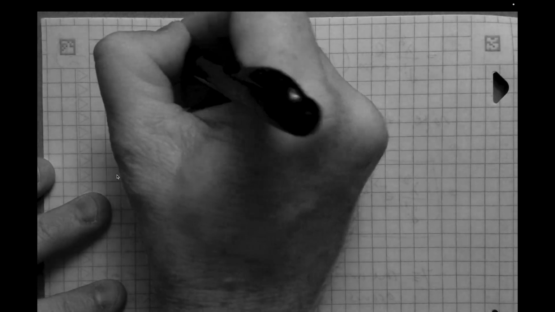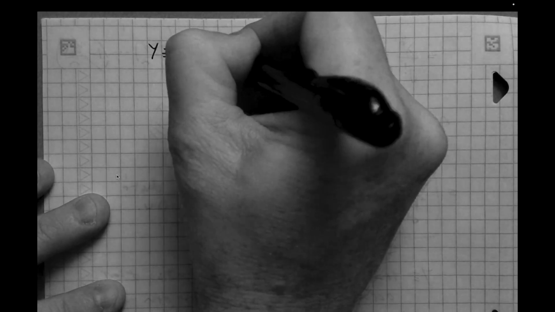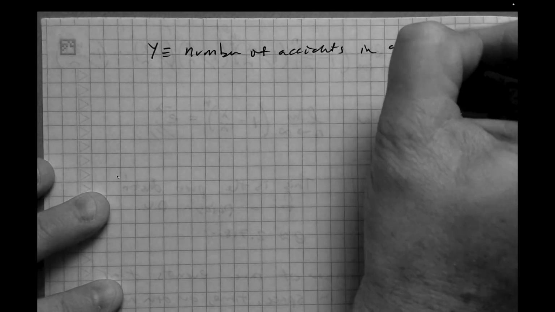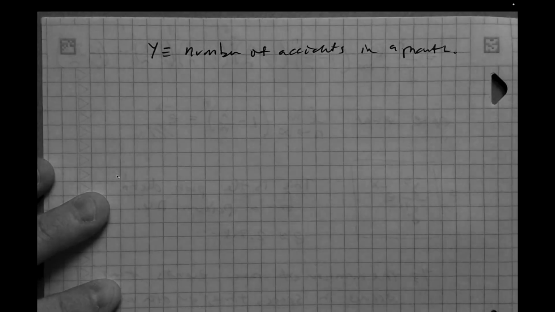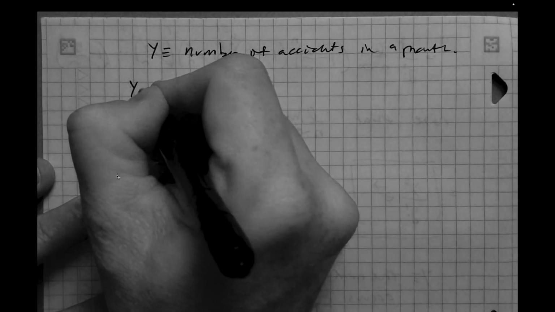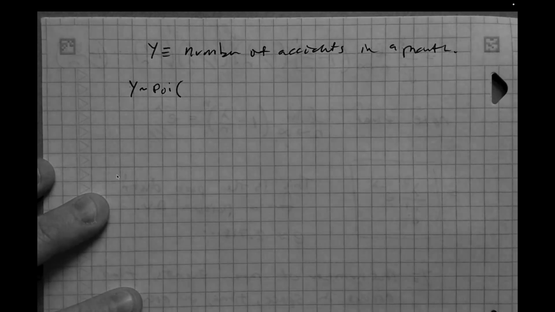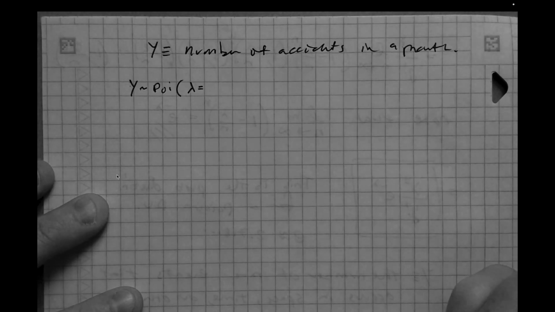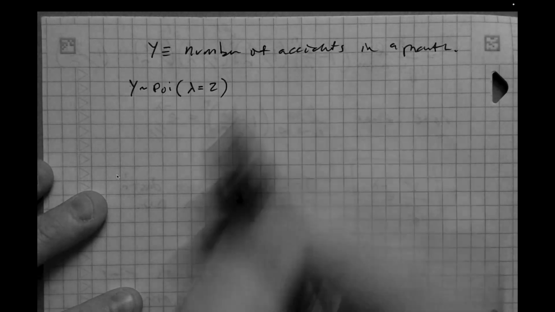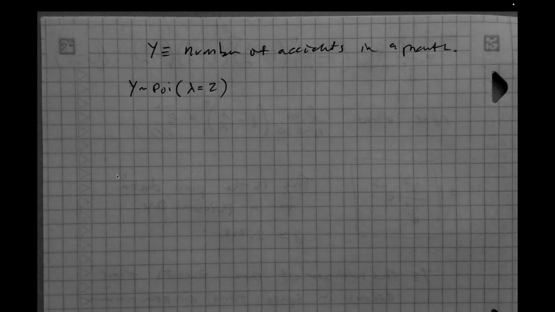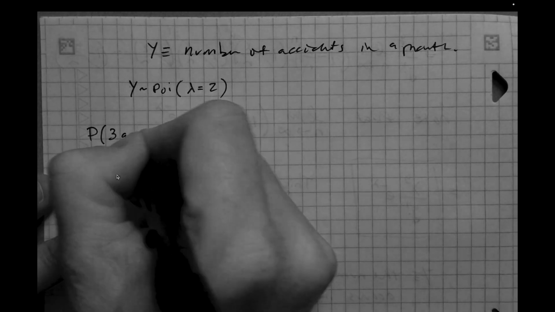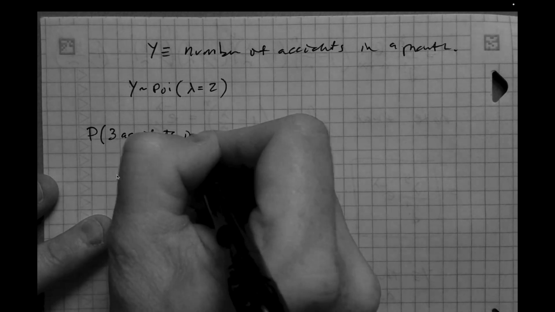So we would say that y is the number of accidents in a month. And in this case, we would say that y is a Poisson random variable with parameter lambda, where lambda is the average number of accidents in a month, and lambda is equal to 2. What we want to know is the probability that there are 3 accidents in a month.